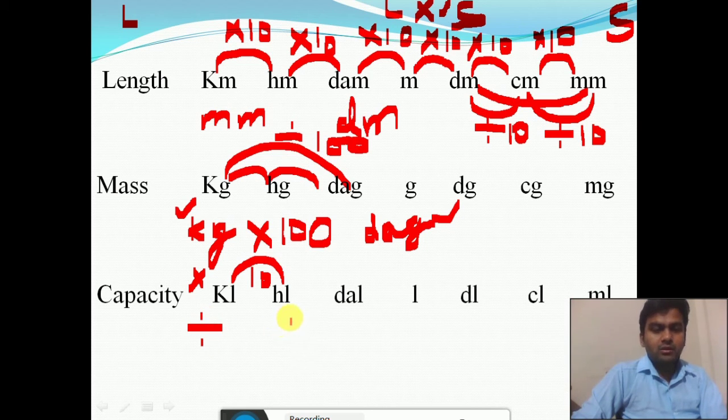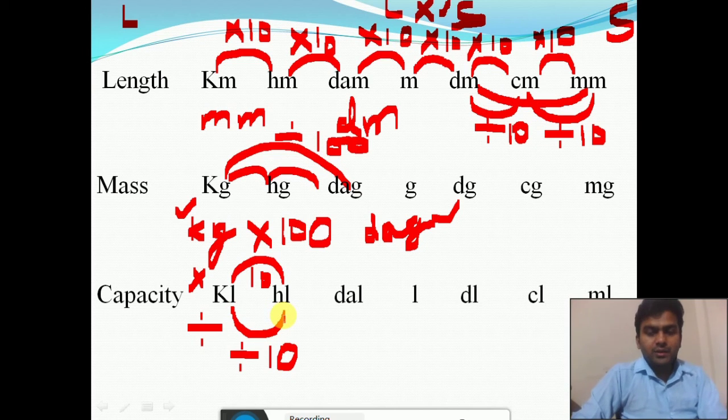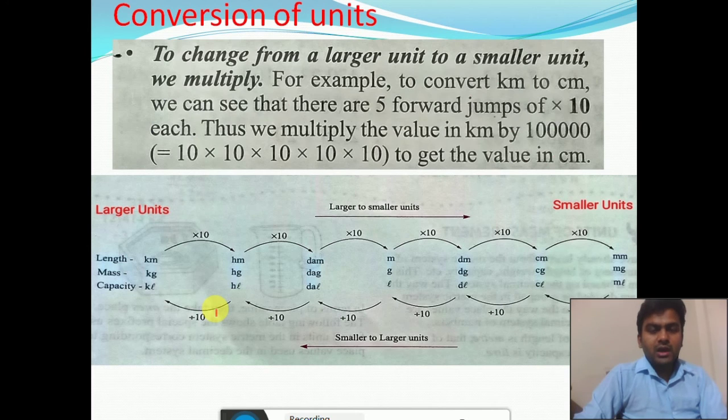When you want to convert a hectoliter into kiloliter, divide by 10, because HL and KL are the two nearest units at a difference of 10. So multiply when converting the larger unit into the smaller unit, divide when converting a smaller unit into the larger unit. I hope you understood. Like this you can make this diagram.